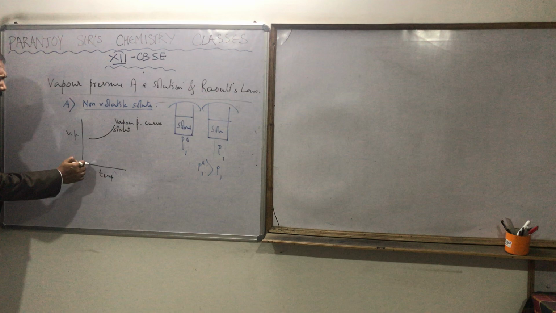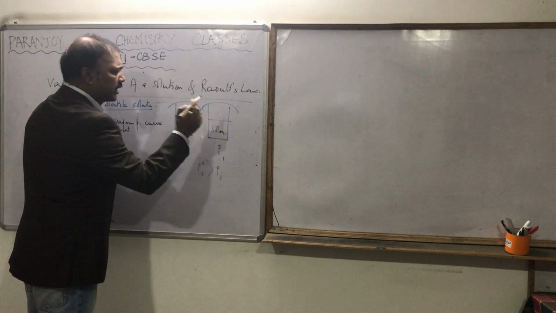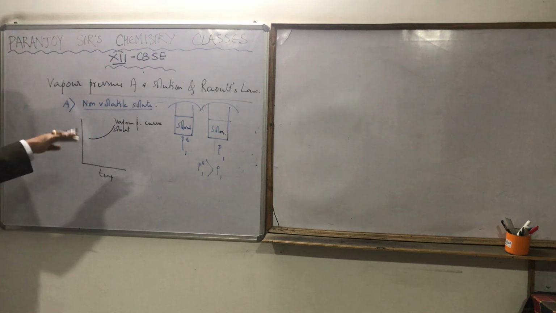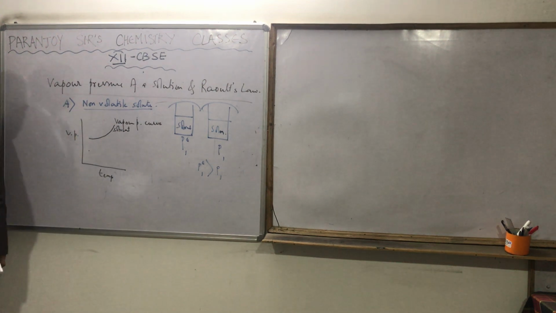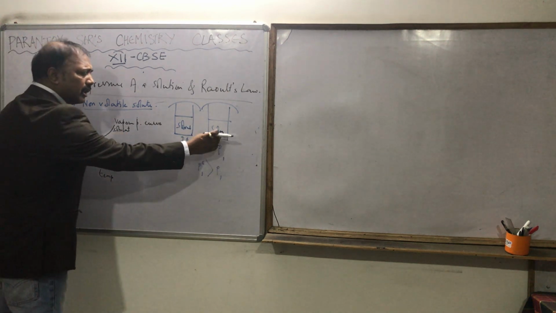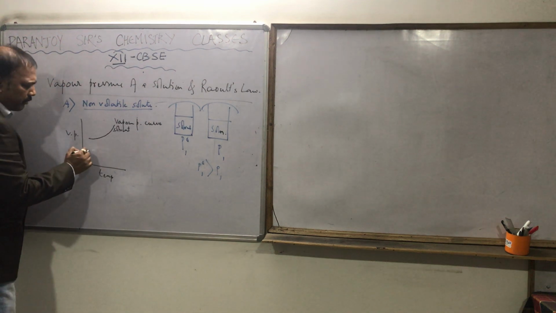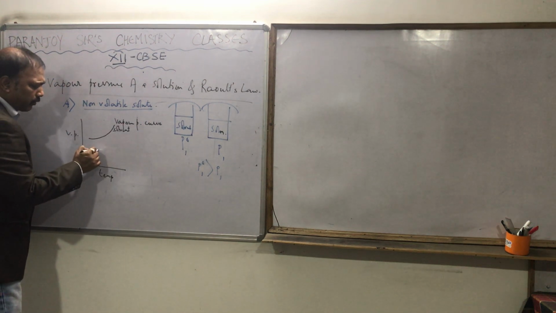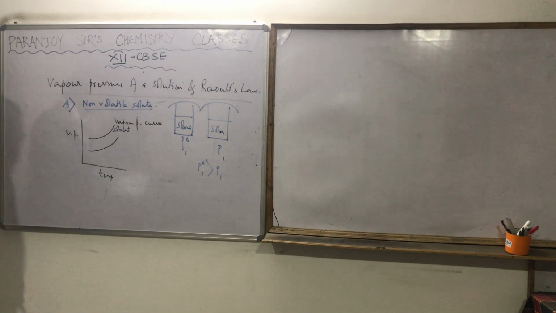Now, at the same temperature, in the solvent I added some solute, means I converted into solution. What will happen? Its vapor pressure at that temperature will be lessened. It will be less. Okay, fine. Now, this solution's temperature is increased. If we increase the temperature of the solution, its vapor pressure will also increase, but that will be always less than that of the pure solvent.